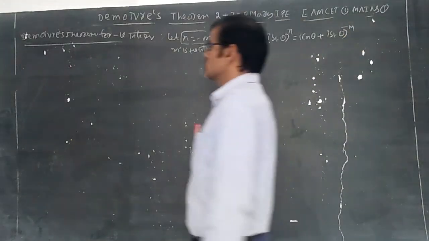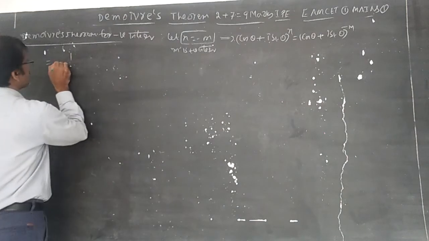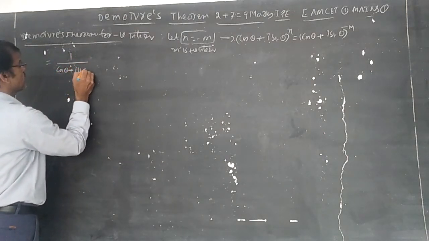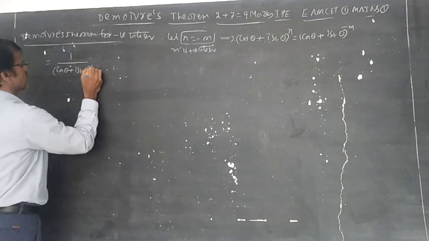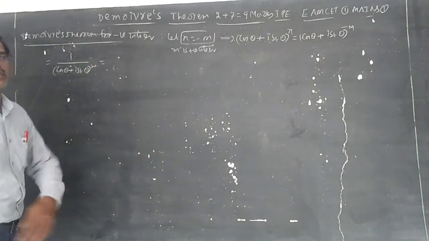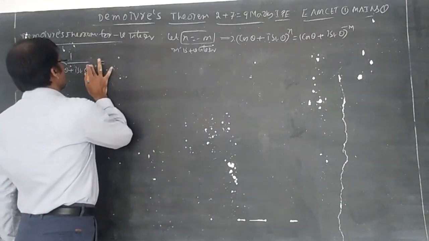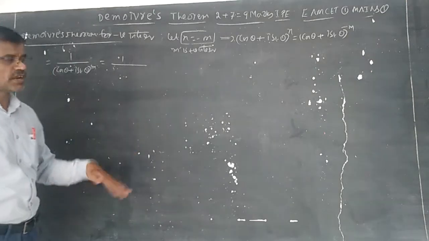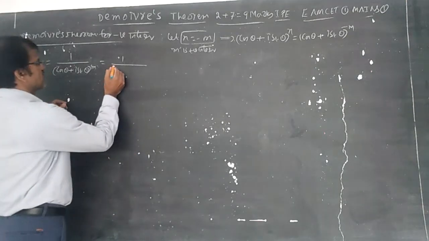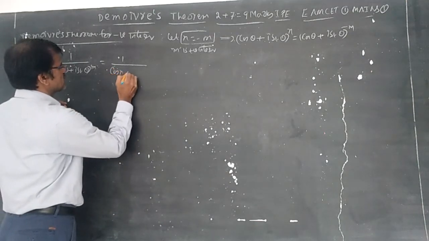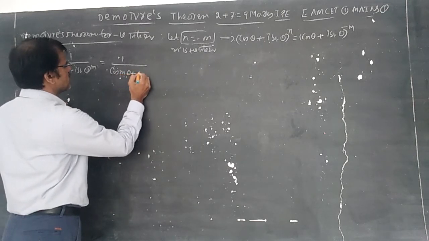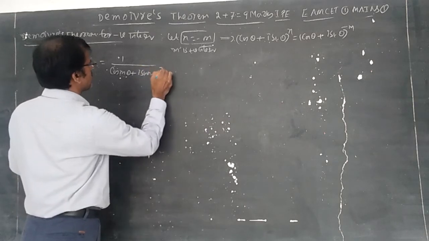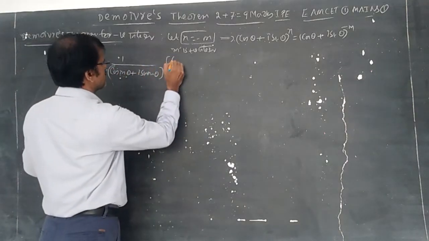So 1 by (cos theta plus i sin theta) whole power m, since a power minus m becomes 1 by a power m. For De Moivre's theorem, for the power m, we can write cos m theta plus i sin m theta.